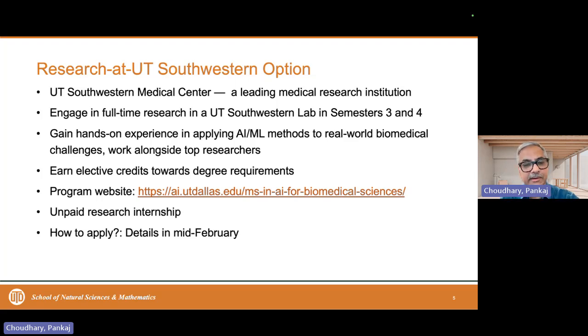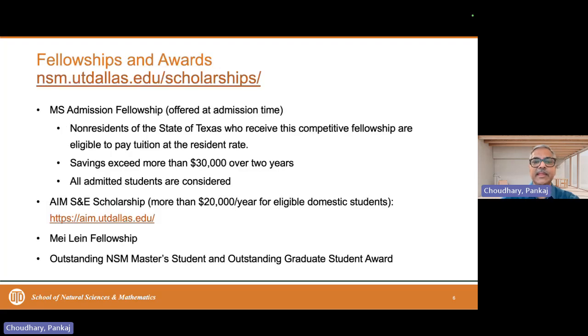So this is very recent, and we are very excited about this possibility of collaboration with UT Southwestern, and more importantly, the possibility of our students working in labs at UT Southwestern, where they get to engage in research with top-notch researchers. This is a really special option that this program offers.